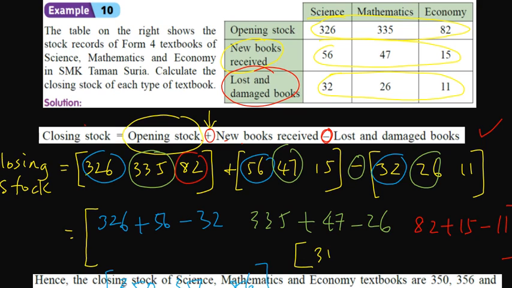Yeah, 350, 356 and 86. Erase this one. Little clearer. Okay. So you write like this. Hence, the closing stock of science, maths and economy textbooks are, you write this one back, respectively. Okay.